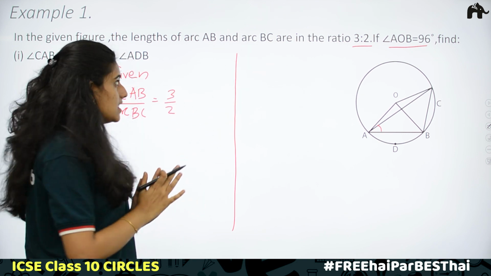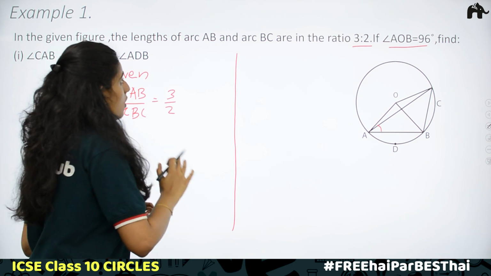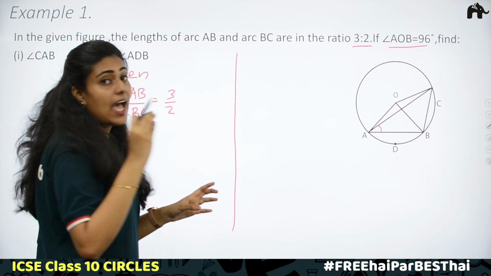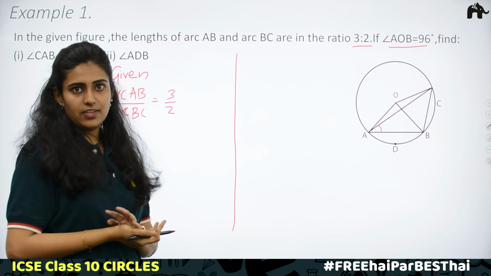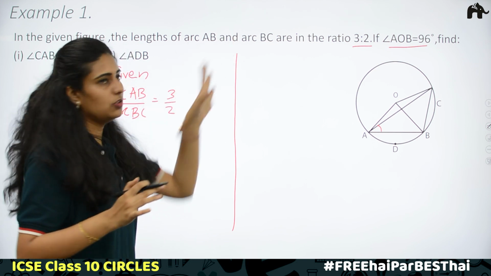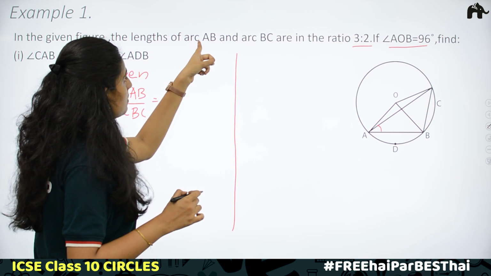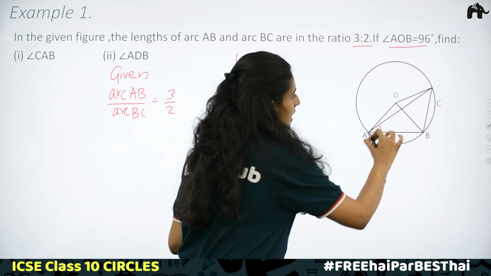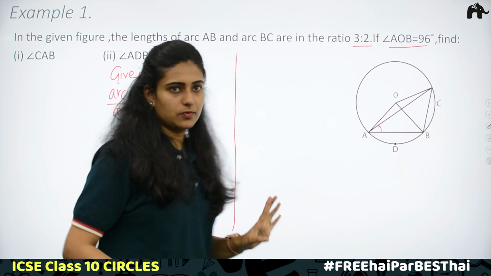We have studied a result. Okay, the ratio of arcs is equal to the ratio of the angles subtended by the arcs. We have studied this result, and we are going to use it here. What is the angle subtended by arc AB? AB subtends an angle AOB at the center. Okay.